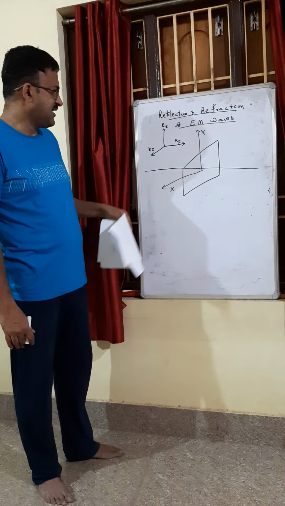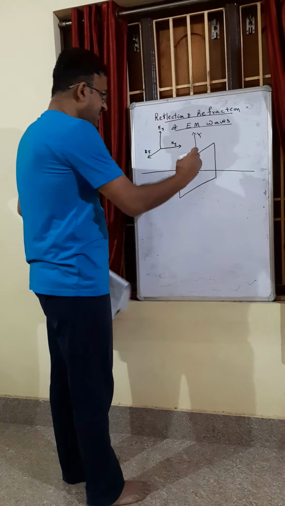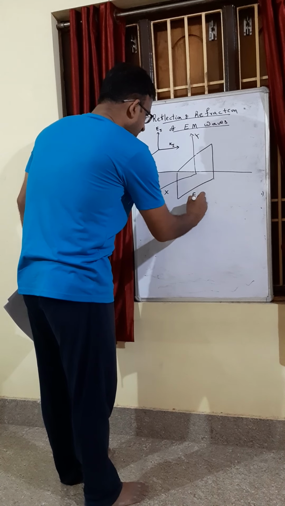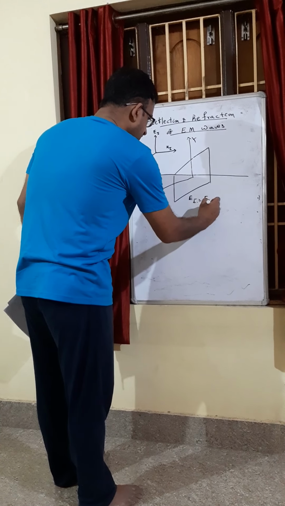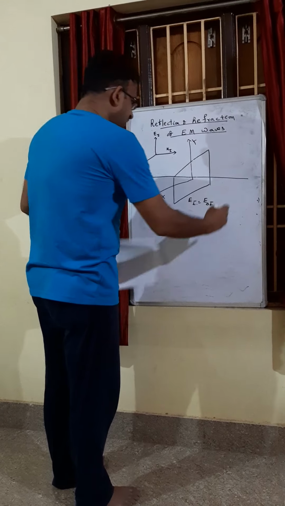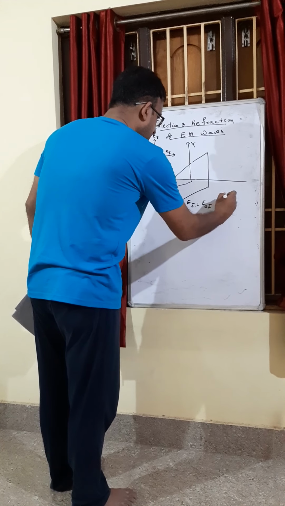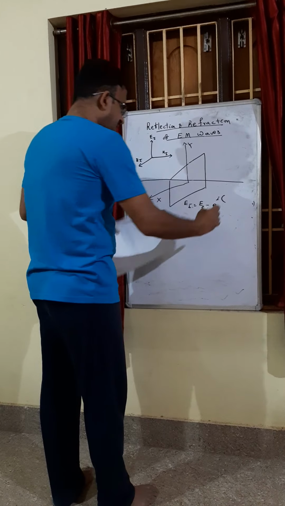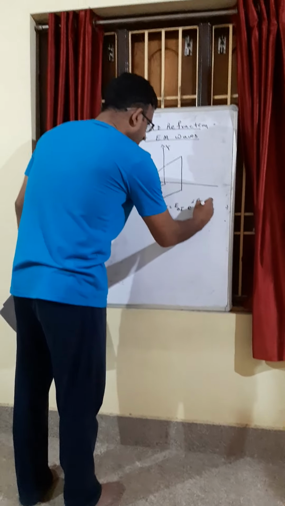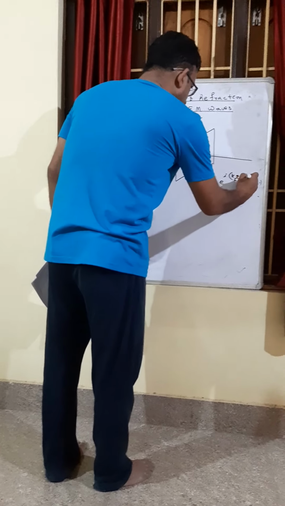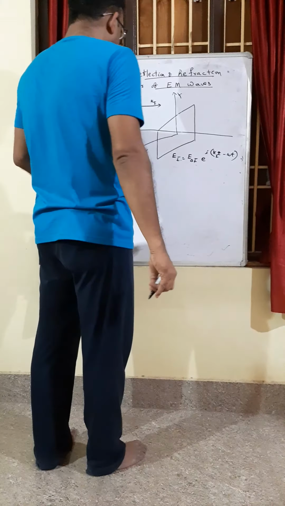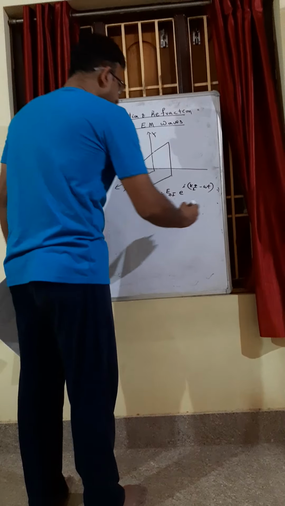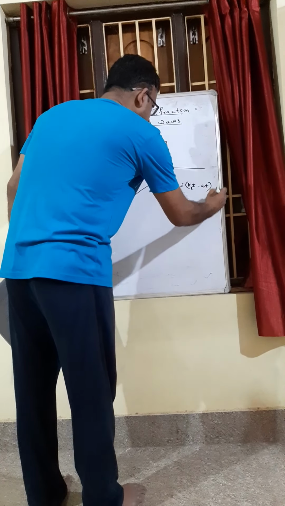And we can write the equations for the electric field and magnetic field. How do we write the equation for the electric field? E_i will be equal to E naught i, then e to the power i, Ki Z minus omega t, and since the electric field is along the positive y-axis, it will be j cap.